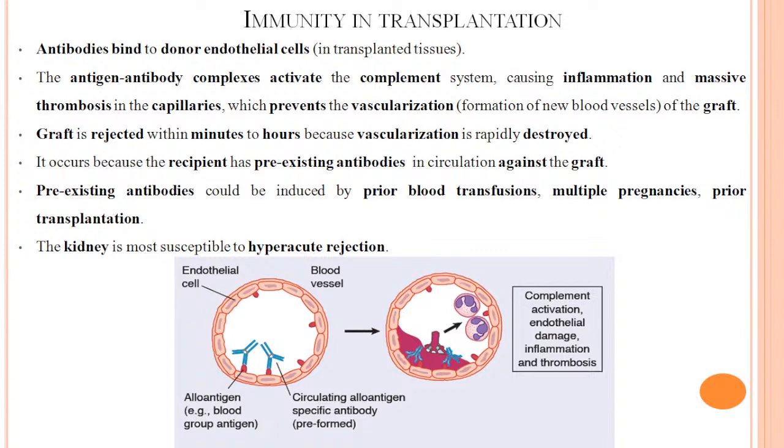That is an example of the major histocompatibility complex, MHC. There are two types of MHC, class 1 and class 2. Please look in lecture number 3 for what MHC is. I have explained it. MHC is a personal antigen, specific for every person.